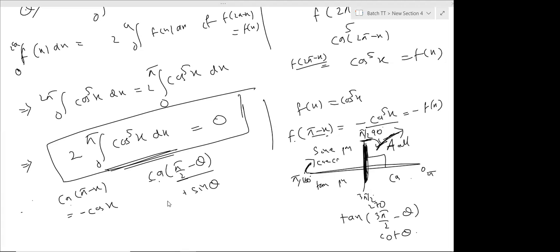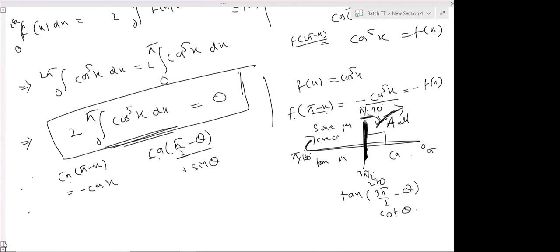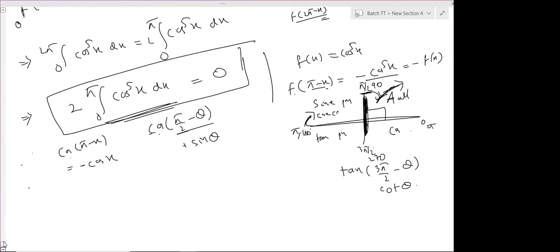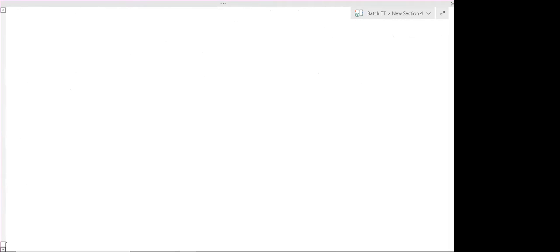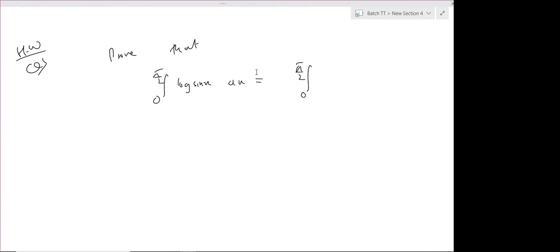Done, everyone? All right. Write down a question for homework. Prove that the integral from 0 to pi by 2 of log of sin x dx equals the integral from 0 to pi by 2 of log of cos x dx, which equals minus pi by 2 log 2.